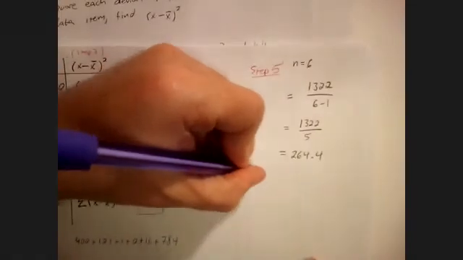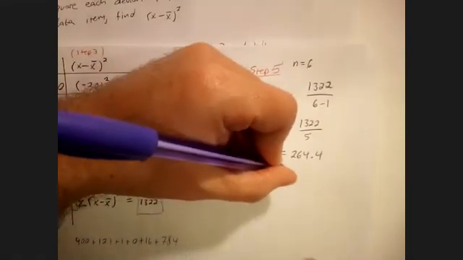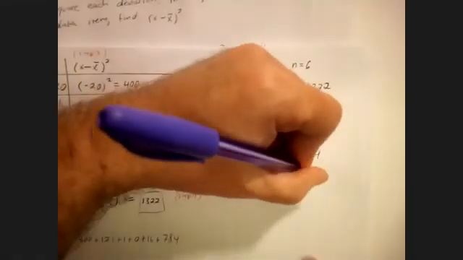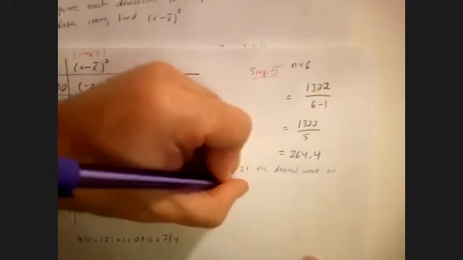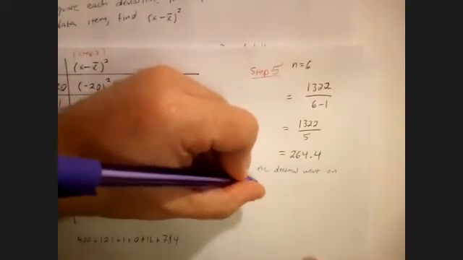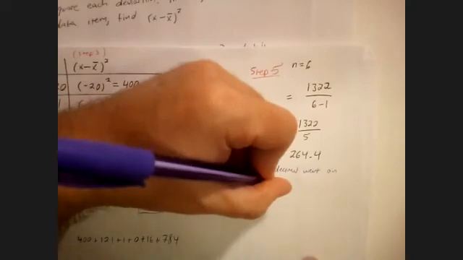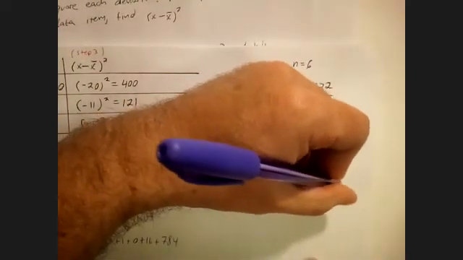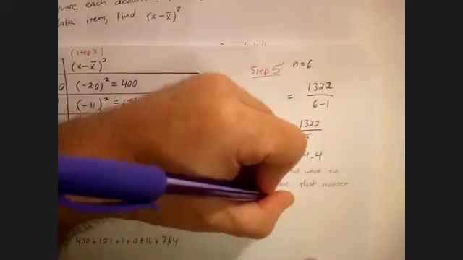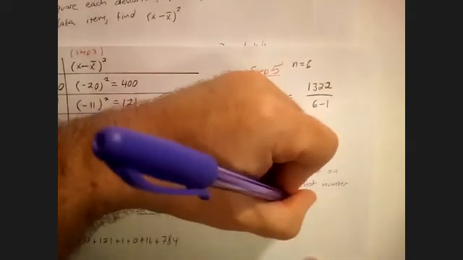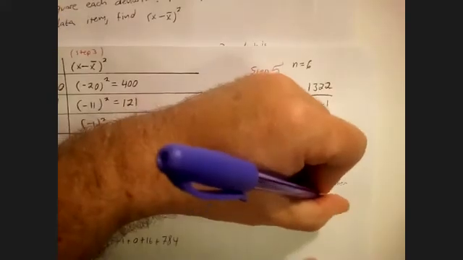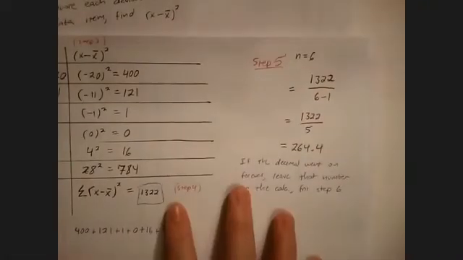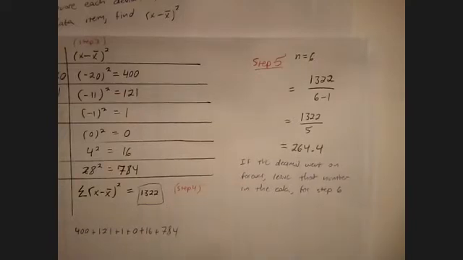If the decimal went on forever, leave that number in the calculator for the next step, which is 6. Okay. In this case, it was exact, so that's the number I got.